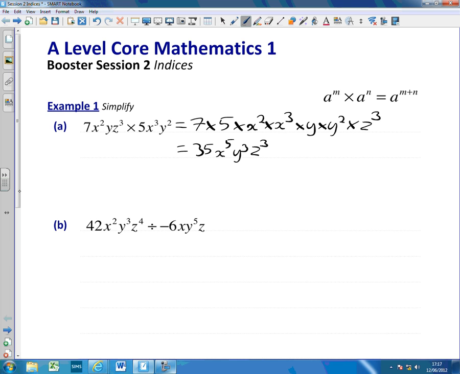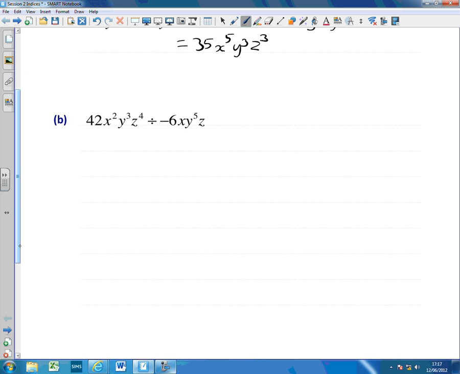B is a little bit trickier and can get very messy. You can write it as a fraction, and when we write things as a fraction we can often see simplifications a bit more clearly, as we'll see. Because now we start thinking of our equivalent fractions.